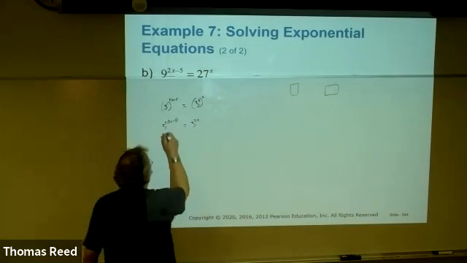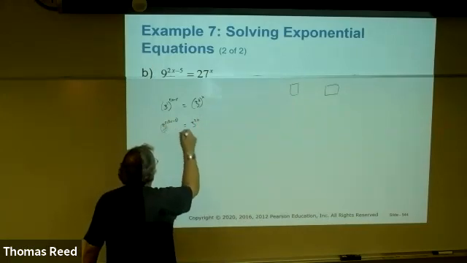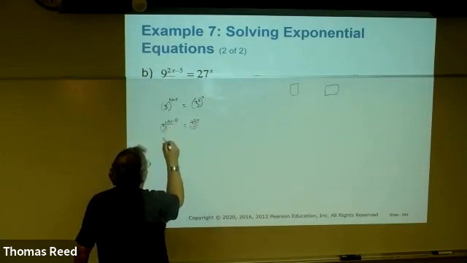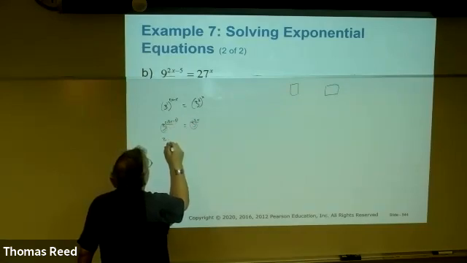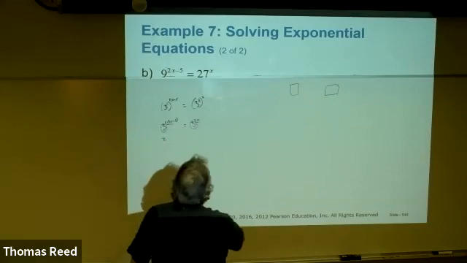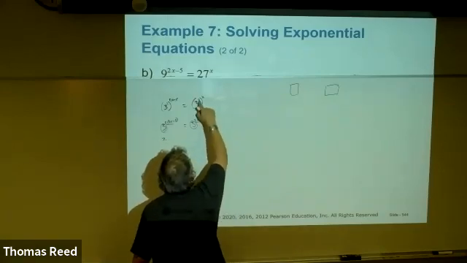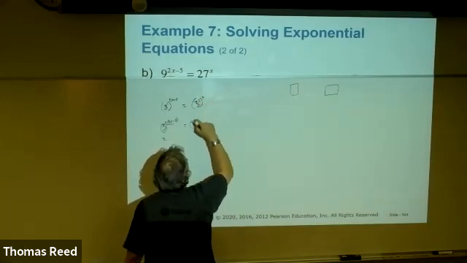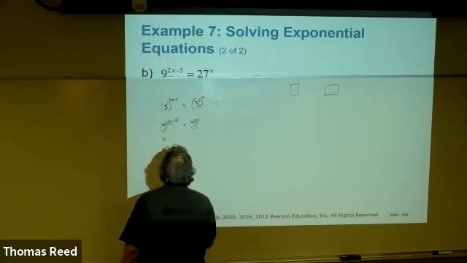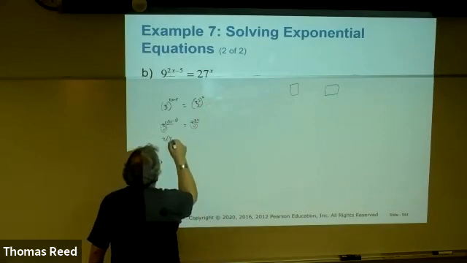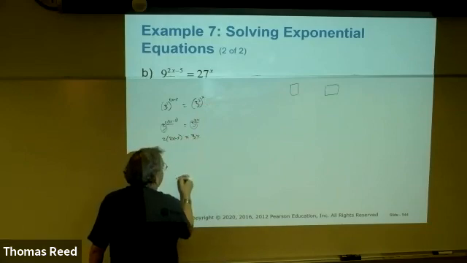And since the bases are the same, then that means the exponents have to be equal. So 2 times 2x minus 5 is going to equal 3x. That should have been a 3 there, sorry.